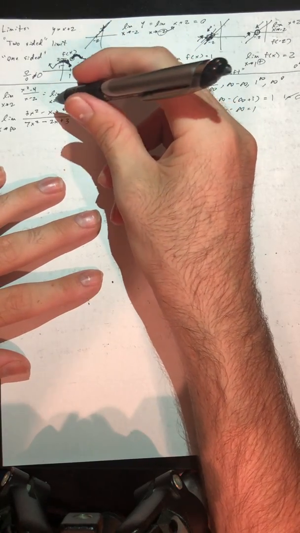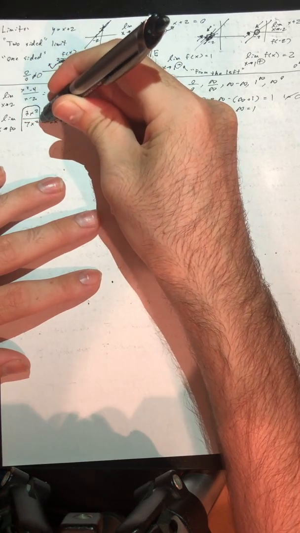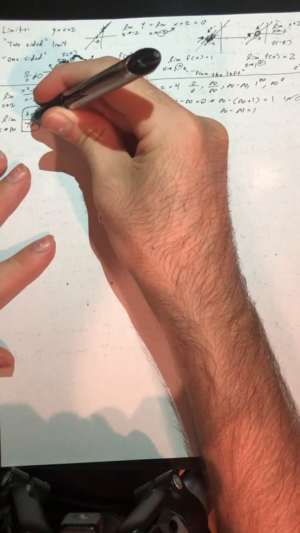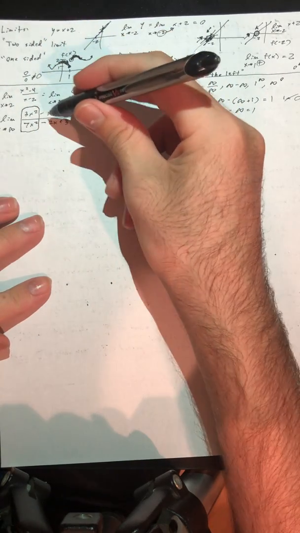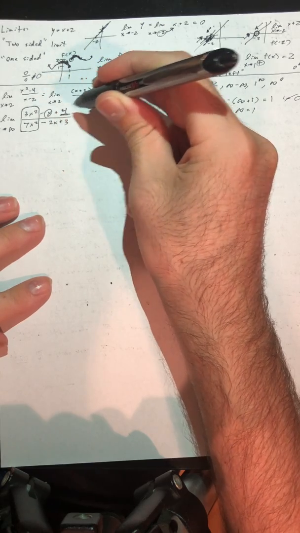Basically, as x approaches infinity, the squared terms become the dominating terms, in the sense that they approach infinity much, much quicker than the linear term, and especially more than the constant.